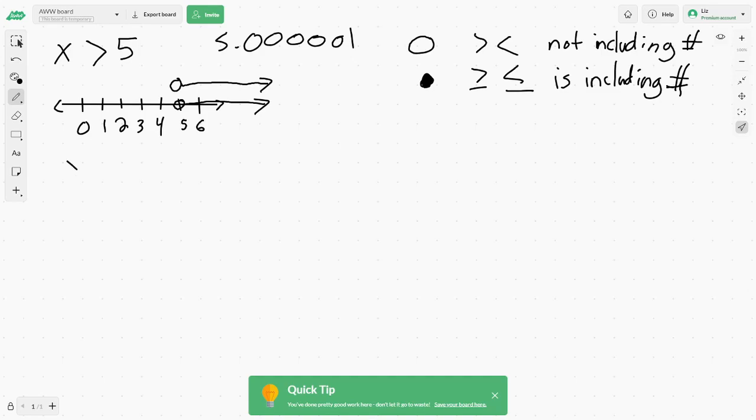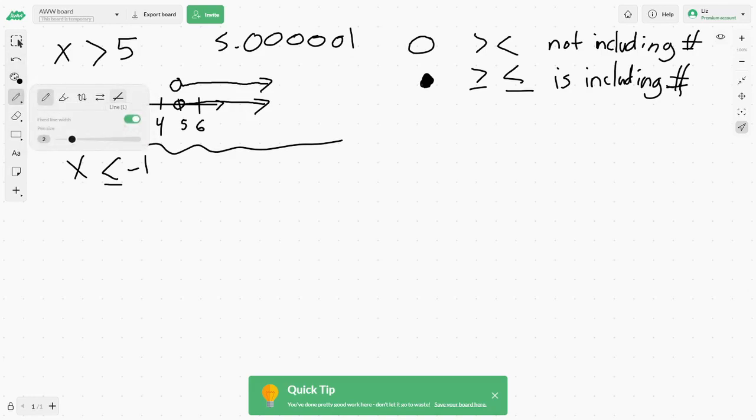So let's think about this. What about x is less than or equal to -1? Let's say we have a number line here.